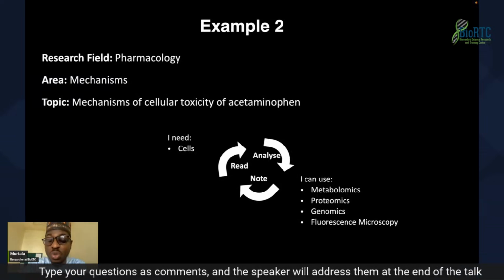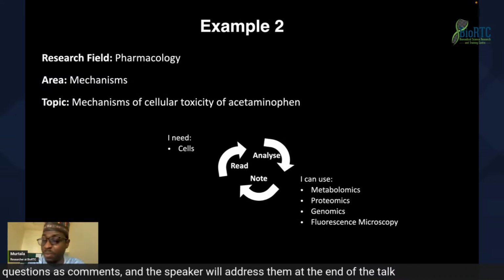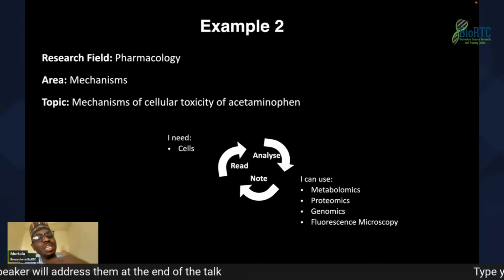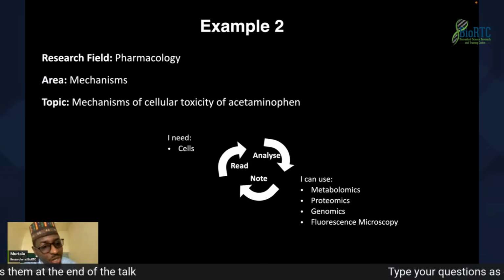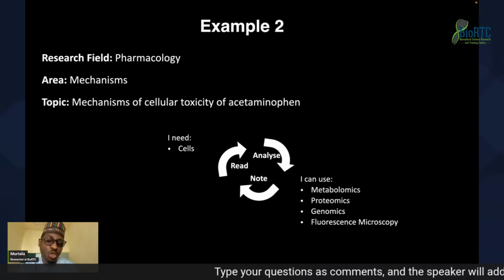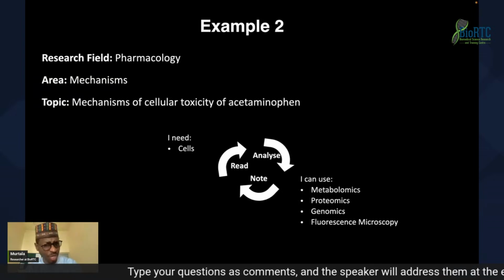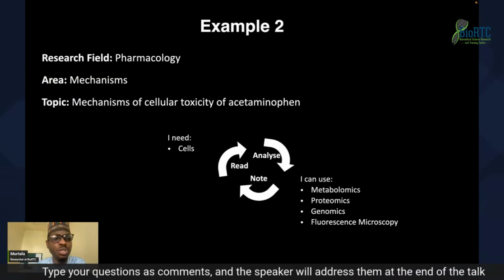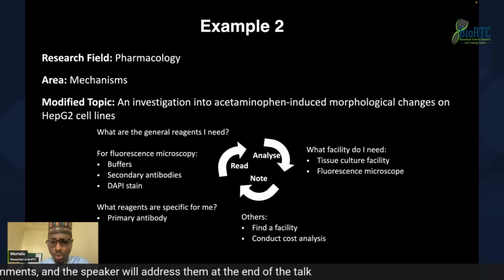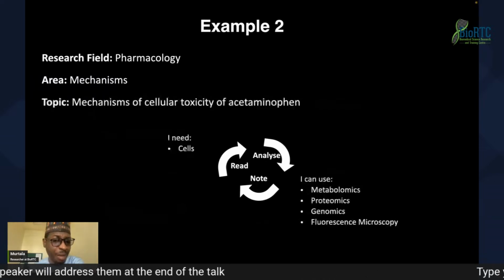So what kind of techniques do I need? For example, I can use metabolomics, I can use proteomics, I can use genomics, I can use fluorescence microscopy. So you know your topic, you have asked your question, but you can use different methods to answer it. Say I have narrowed down that I want to use microscopy to answer my research question.